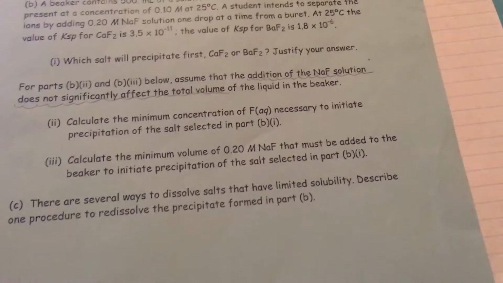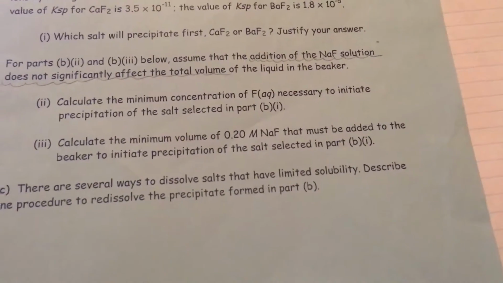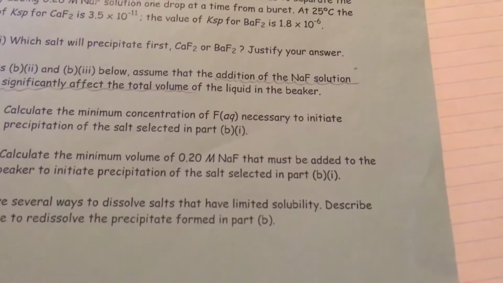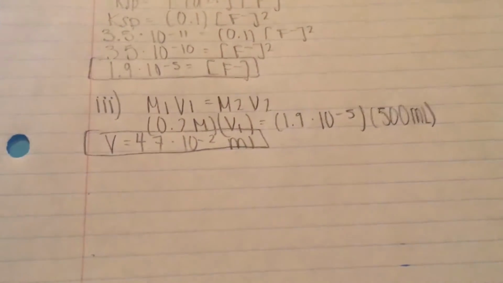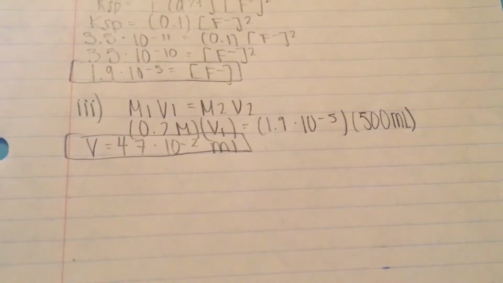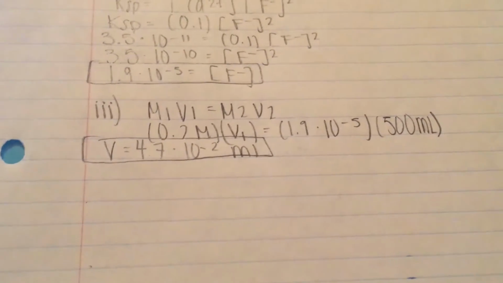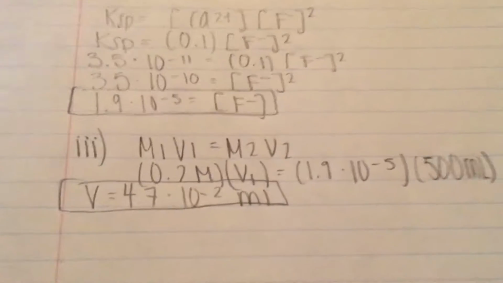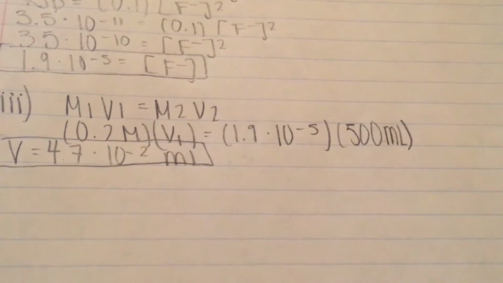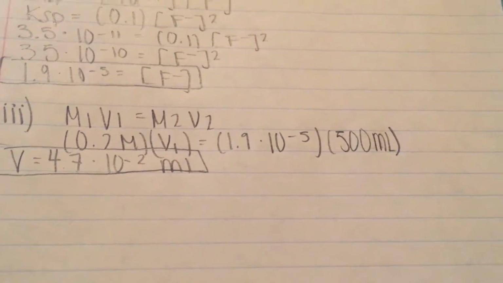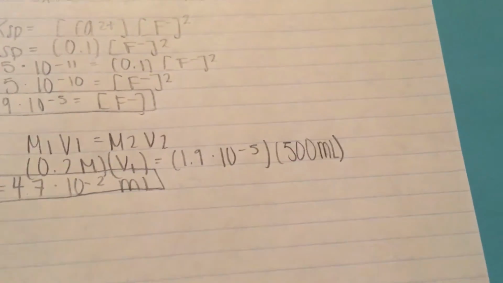Calculate the minimum volume of 0.2 molar NaF that must be added to the beaker to initiate precipitation of the salt selected in Part I. For this problem, we use the equation M1V1 equals M2V2. So the molarity of 0.2 NaF times the new volume, which is what we're solving for, equals the molarity of F- 1.9 times 10 to the negative 5th times 500 milliliters, the initial volume.